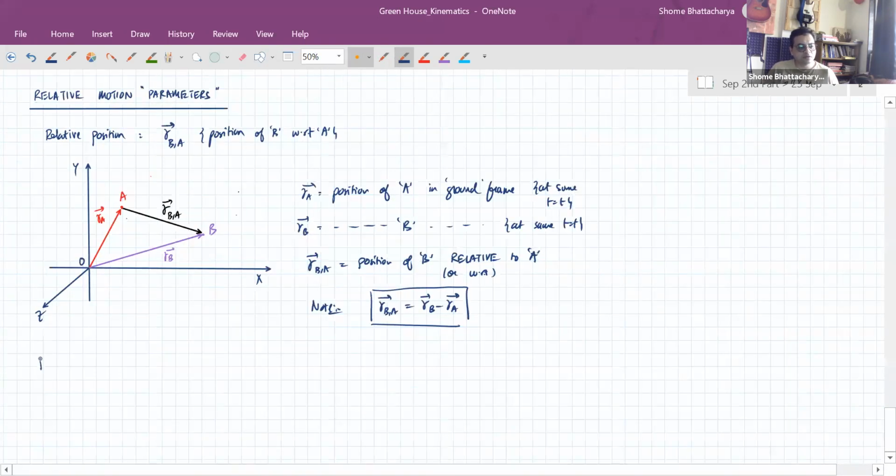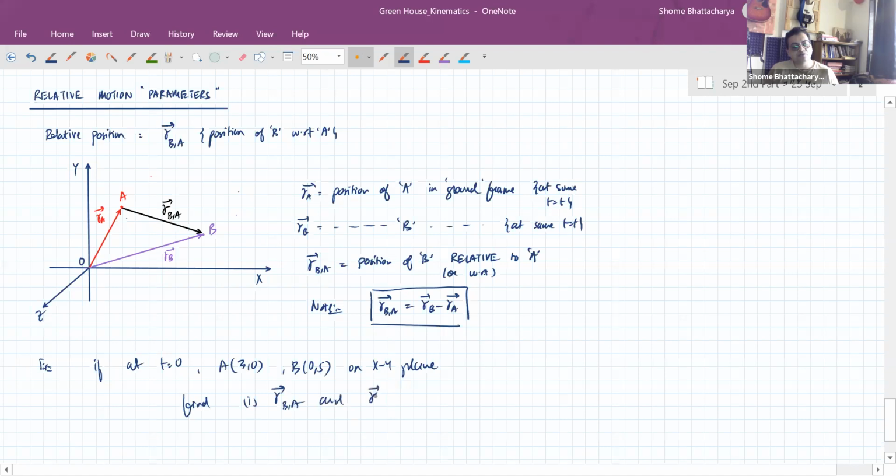So for example, if at t equal to 0, A is located at the point 3, 0 and B is located at the point 0, 5 on the xy plane, then find the position of B with respect to A and the position of A with respect to B in i cap j cap notation.